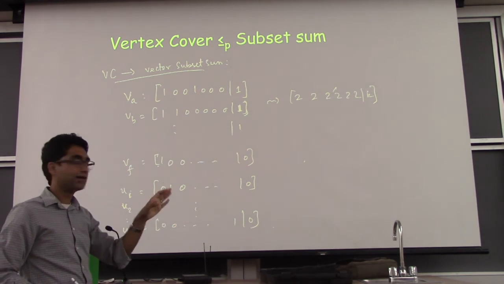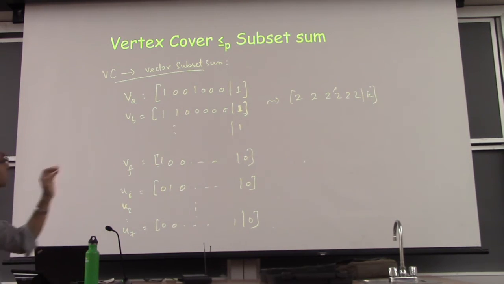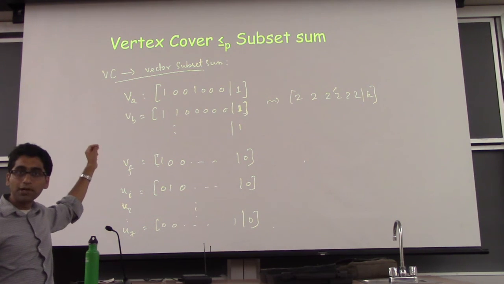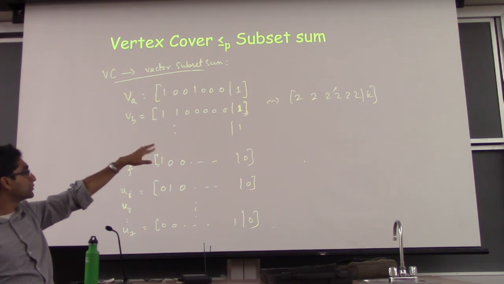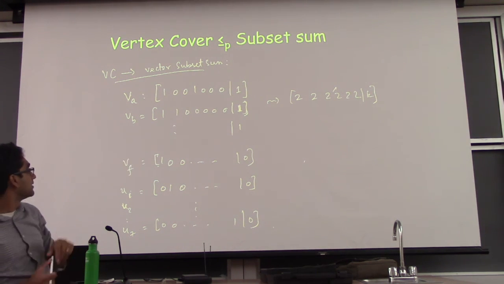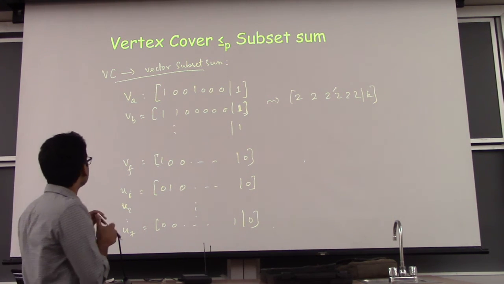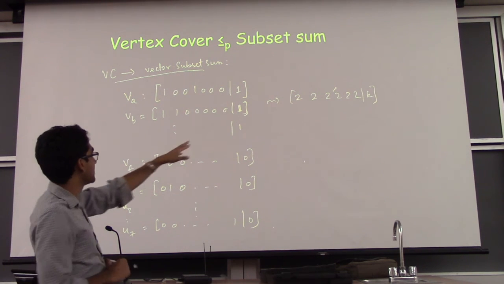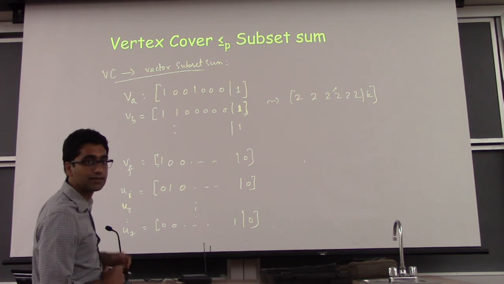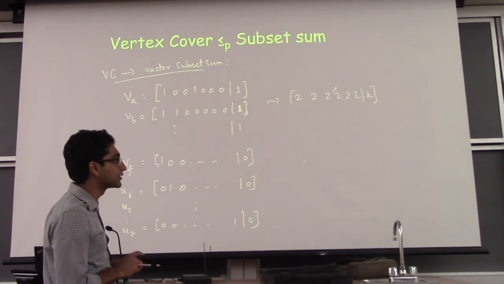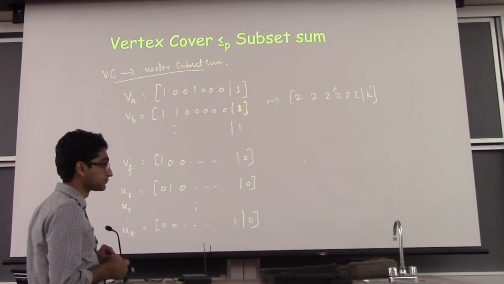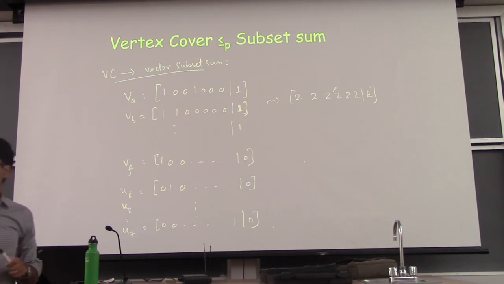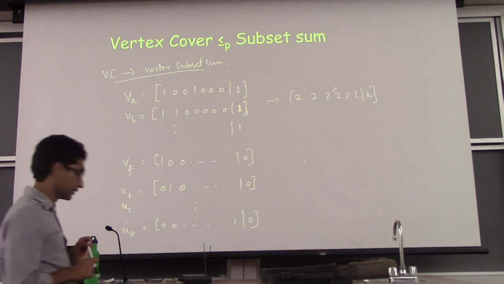I won't go into the details of this, but basically if you have vectors like this and a bunch of them add up to all 2's and a k, then you're ending up picking, in some sense, one from each, and you are picking at most k of those vertices. So this turns out to correspond to a vertex cover. Maybe I'll leave that as an exercise.